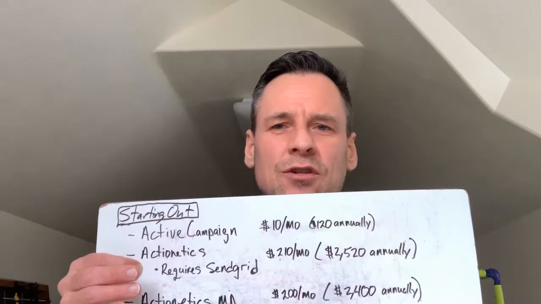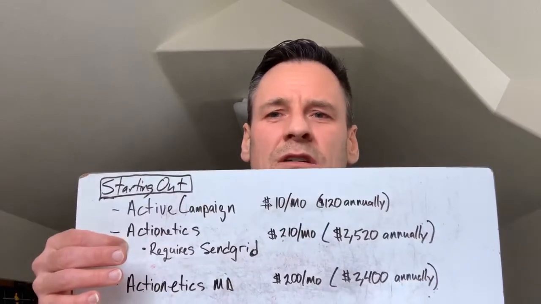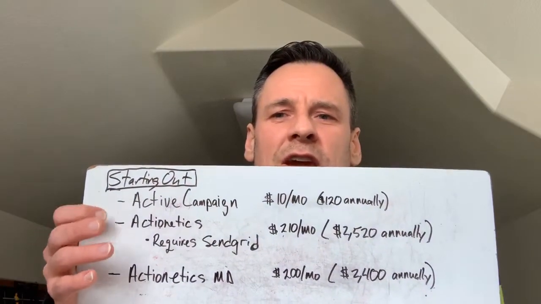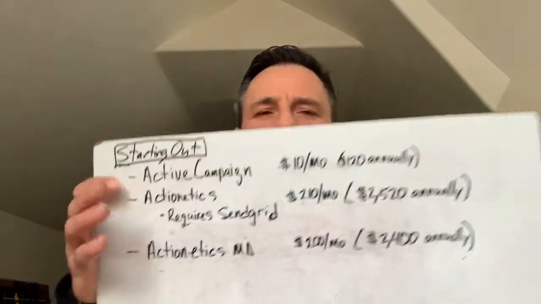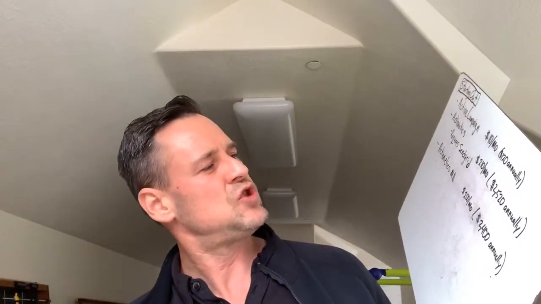SendGrid is your UPS or your FedEx. They're the ones that are going to deliver your email. So your $10 here, your $200 here, will put you at $2,520 annually if you want to use Actionetics, versus $120 if you want to use ActiveCampaign. Pretty big difference for a guy that's starting out, okay?